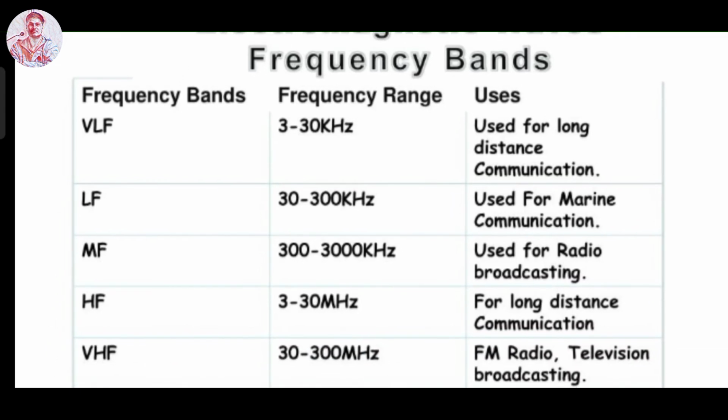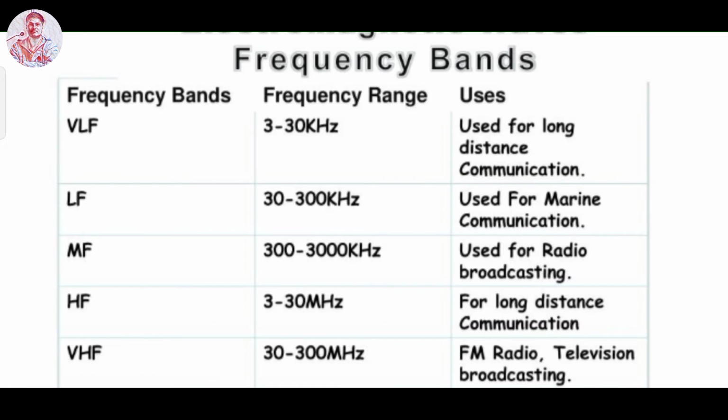Second is the low frequency band, which ranges from 30 to 300 kHz, used for marine communications. The medium frequency band ranges from 300 kHz to 3000 kHz, used for radio broadcasting. The high frequency band ranges from 3 to 30 MHz, used for long distance communication.